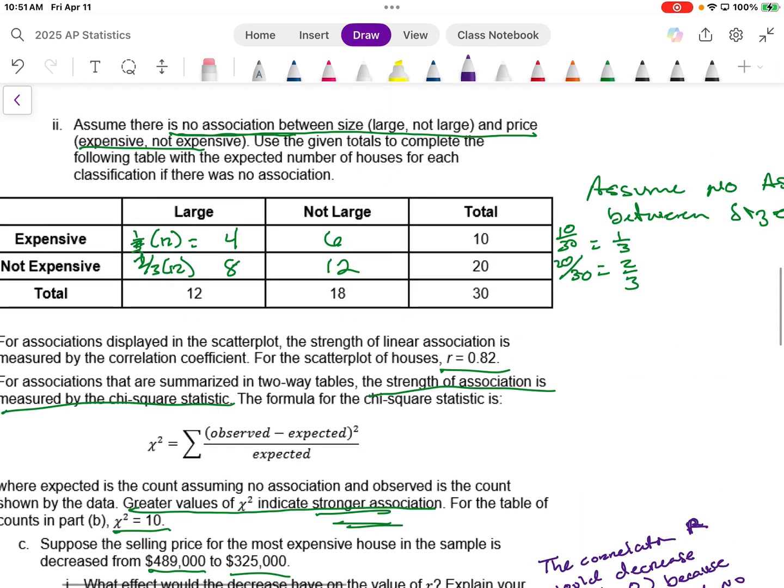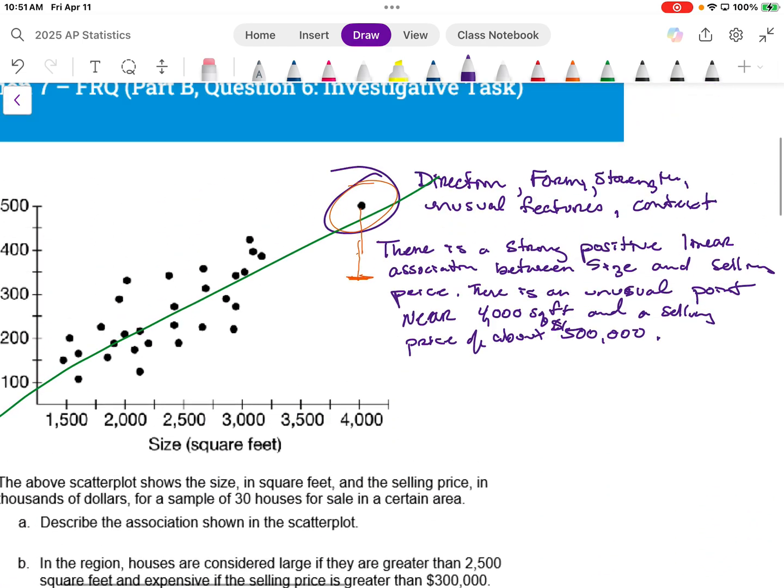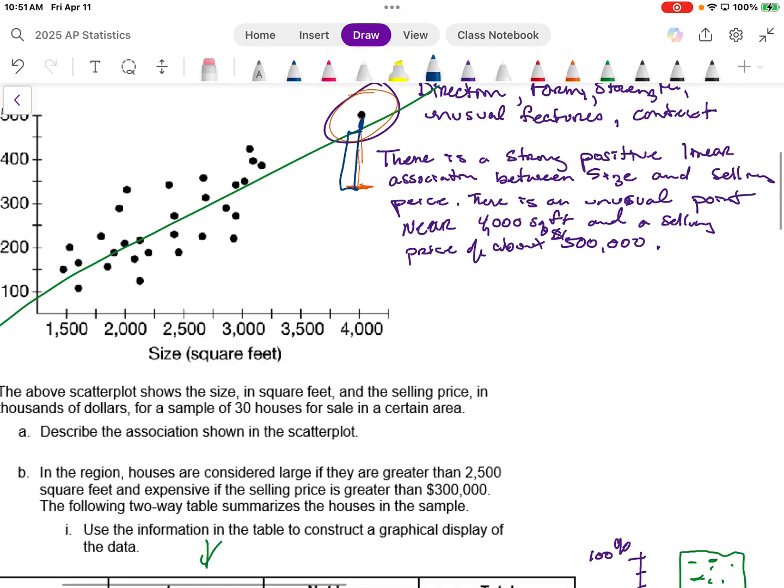Because when we think about the residual, right now in our picture the residual value is not that big, so it doesn't have a big impact because the point is close to the least squares regression line. When we drop this point down, it's going to have a bigger residual, which is going to have a greater impact on the R value as we calculate.